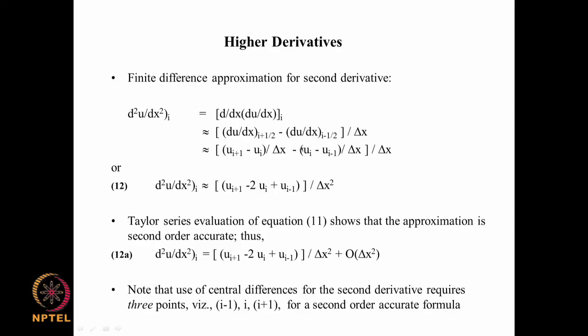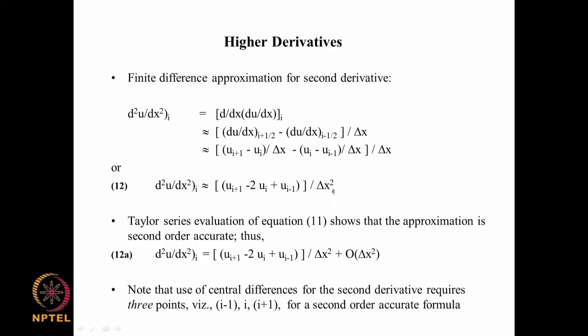Now if you expand this and bring the terms together, then you have a formula for d square u by dx square at i as being given by ui plus 1 minus 2 ui, because our delta x is the same, and you have minus ui here and minus ui here. So you have minus 2 ui plus ui minus 1, this minus and this minus together will give you plus.